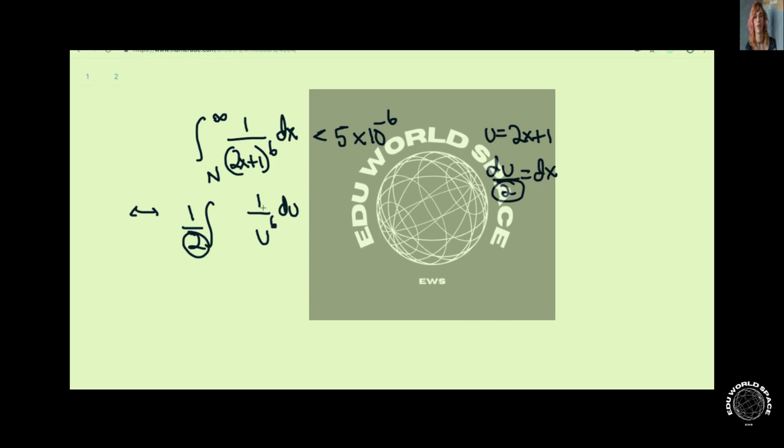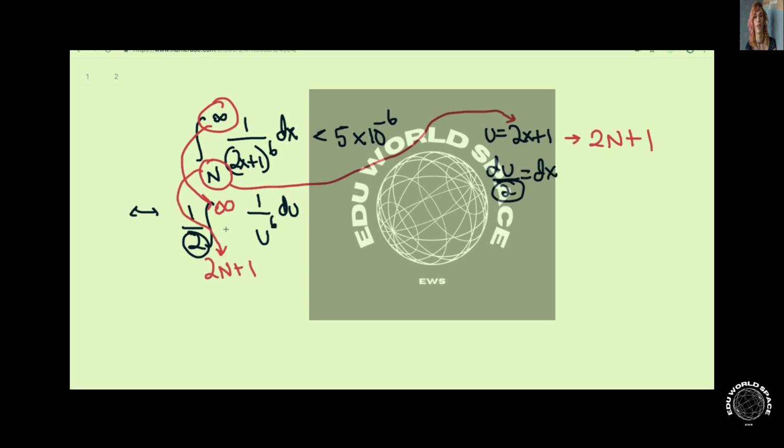If you want to keep things in terms of u, then the lower limit becomes 2n plus 1. And for the upper limit, if you plug in infinity, multiply it by 2 and add 1, that's still infinity, so that doesn't change. So we use the u substitution to change the limits of integration there.